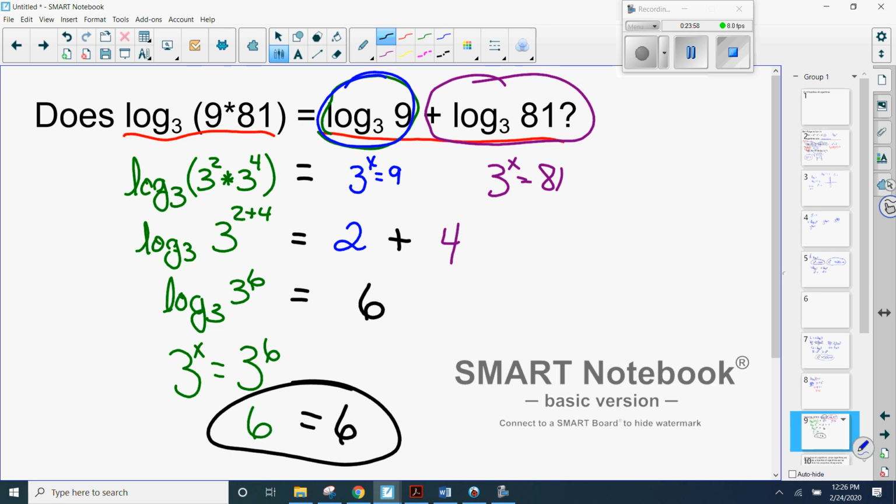That leads you into a property of logs. The property of logs says that if you are adding two logs together that are in the same base, what do you think you do to those arguments? Multiply them, and you can write them as one log. Or vice versa, if you are multiplying an argument, you can separate it into two logarithmic equations.